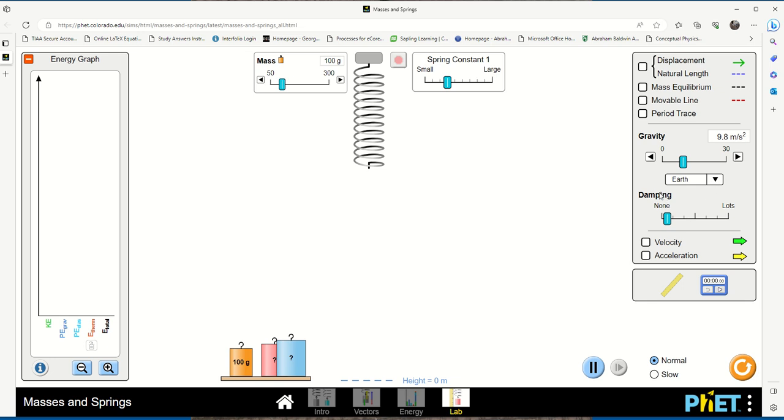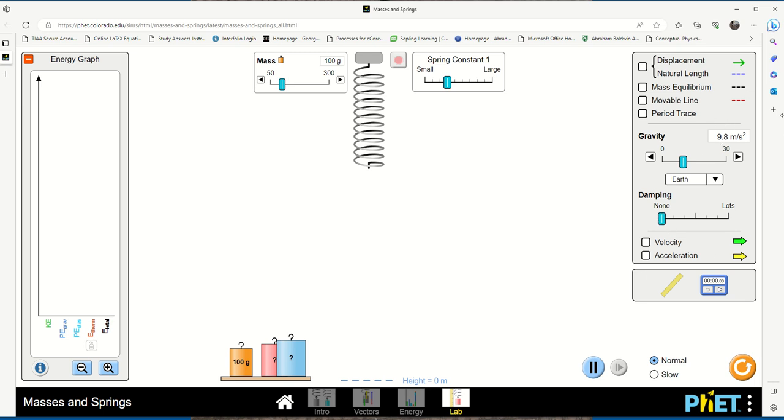That's good. Now be careful here with the damping. You want to make sure that the damping is on none, because every time you reset the simulation, it automatically resets the damping to some non-zero value, and we don't want any damping, so make sure you're at none.